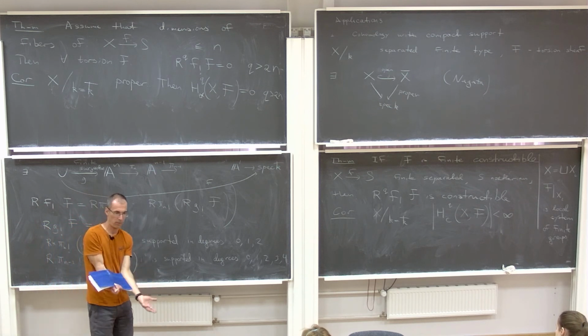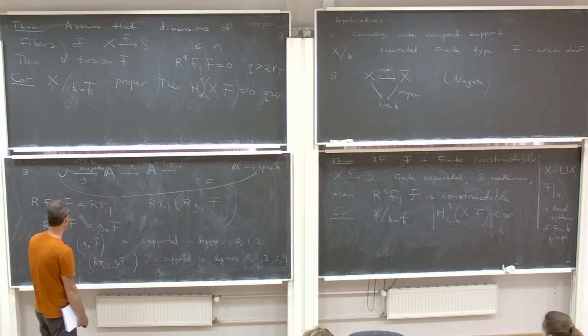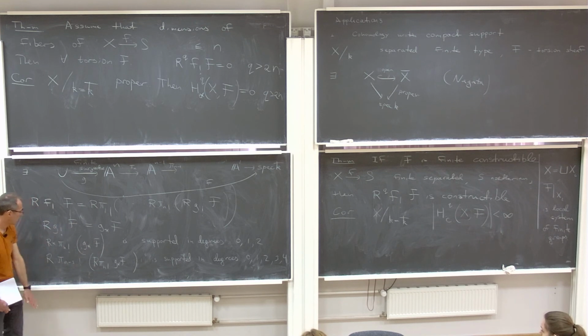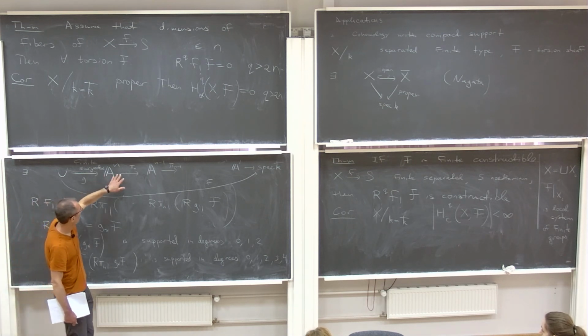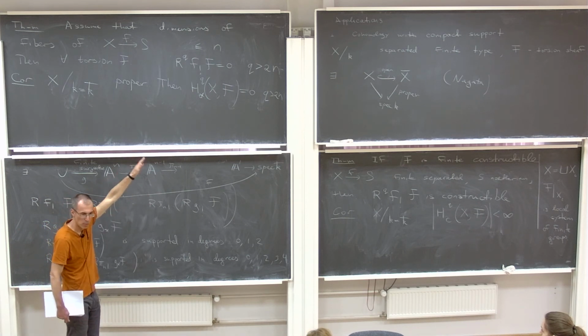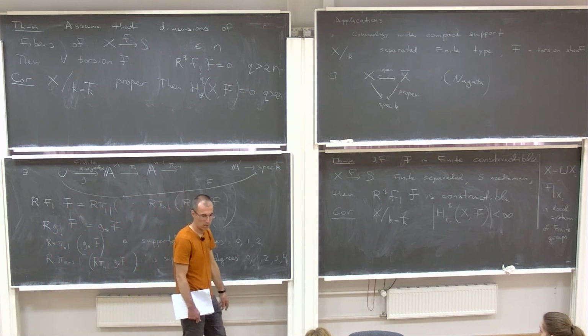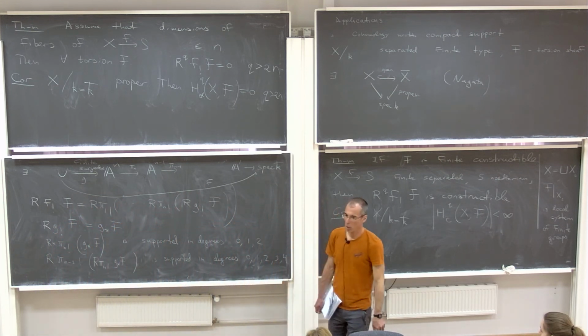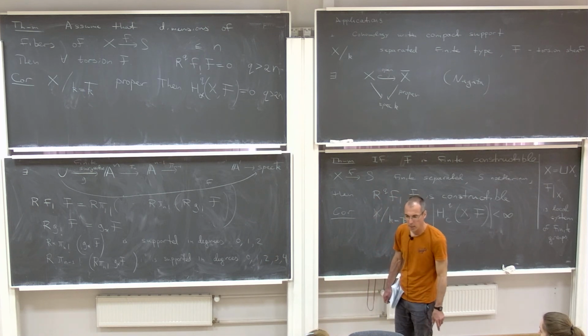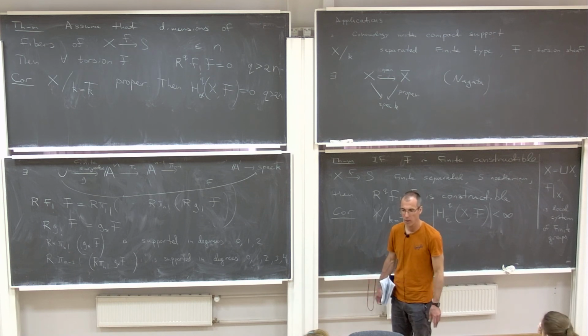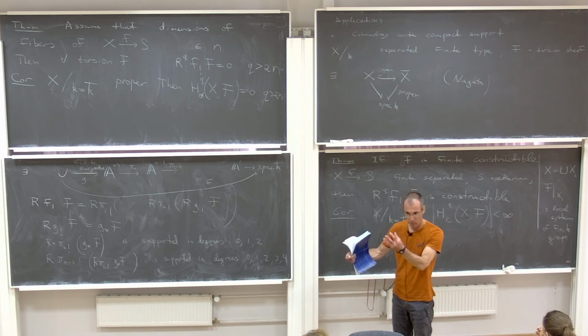You can find the stratification over which it's a local system. And then you need to show that if you take the direct image of a constructible sheaf under a morphism whose fibers are smooth curves, then it remains constructible. So we already know that the stalks are finite, because we know that homology of a finite constructible sheaf on a curve is finite.